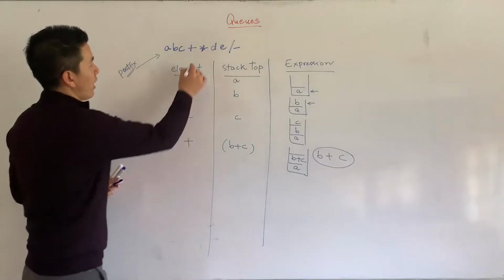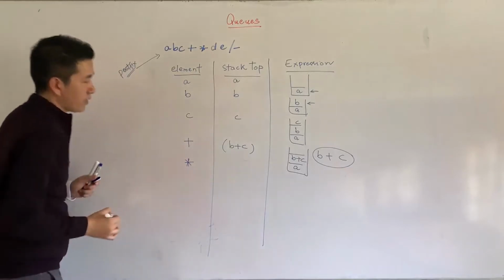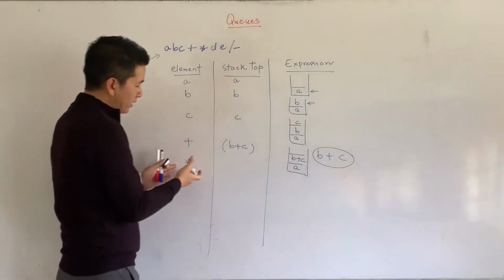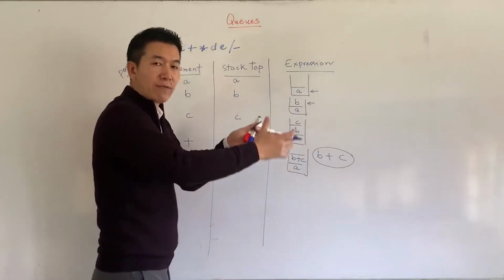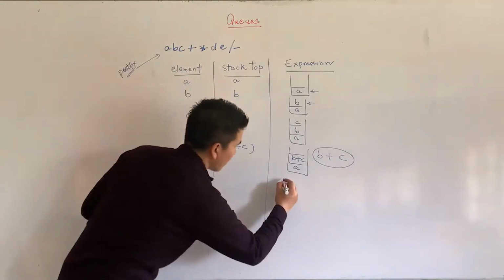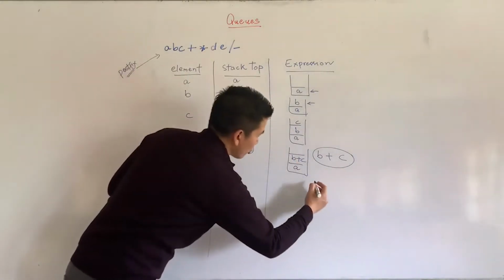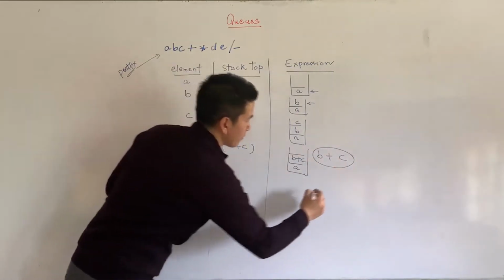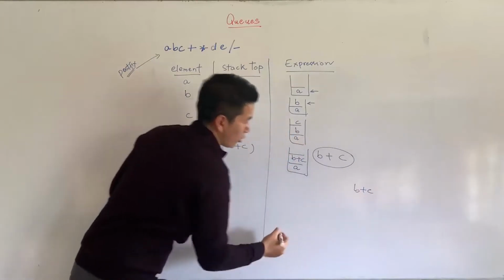Okay, and then you have the multiplication, right? So you have the multiplication operator. Again, since it's a binary operator, we need to pop two elements, evaluate, and then push the result back onto the stack. So this time it will be something like this. I need to pop the first element. The first element is B plus C, right?